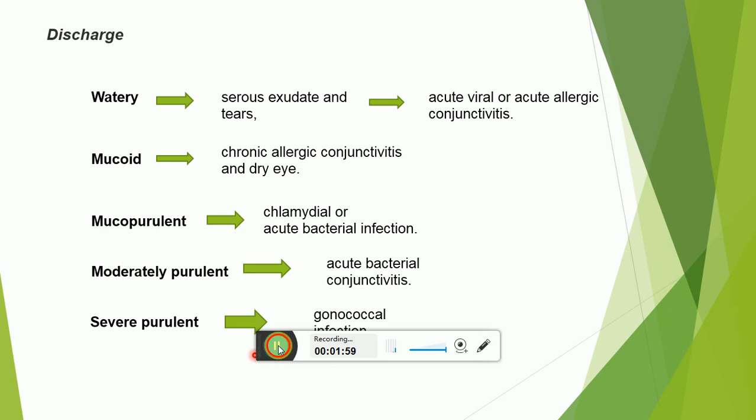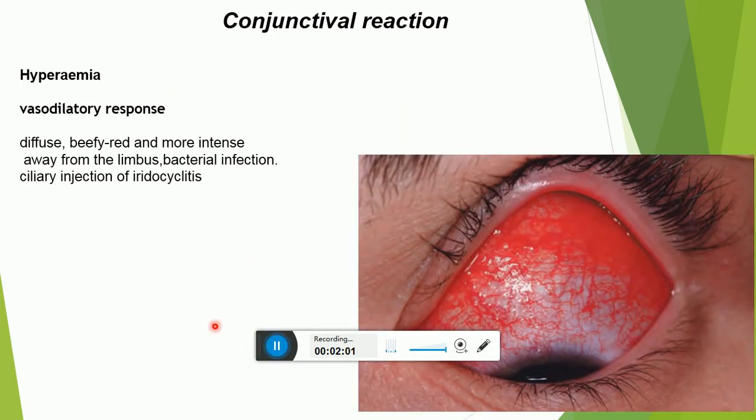gonococcal infection. Conjunctival reaction. In conjunctival reaction, there may be hyperemia, hemorrhages, chemosis, membrane formation, infiltration of the conjunctiva, subconjunctival cicatrization, follicles, and papillae. The first one is hyperemia. It is diffuse and beefy red, more intense away from the limbus, seen in bacterial infection.